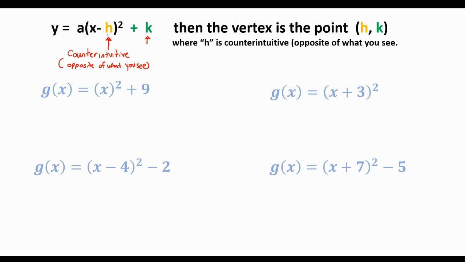You should also know that H is on the inside of the parentheses next to the X, and K is always on the outside of the parentheses. So location matters. So here you can easily see that this position is H and this is K. So H is always next to X inside the parentheses and K is always on the outside of the parentheses.